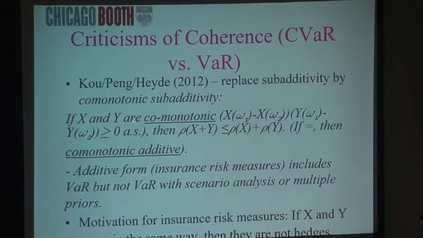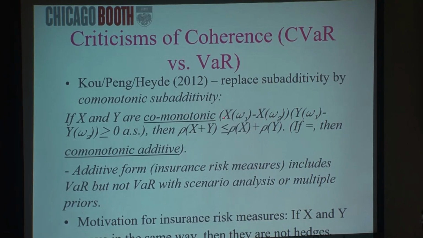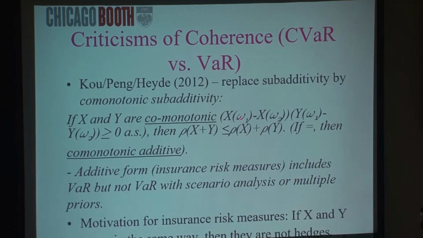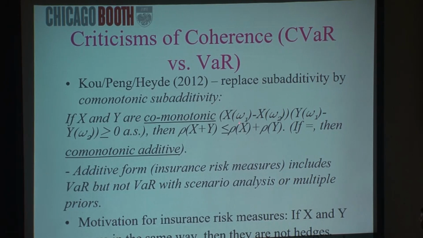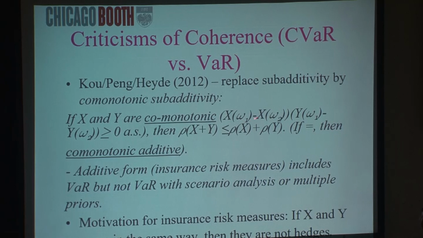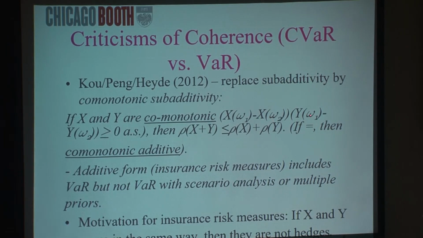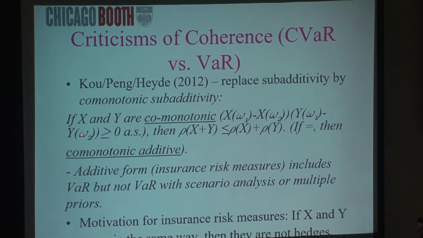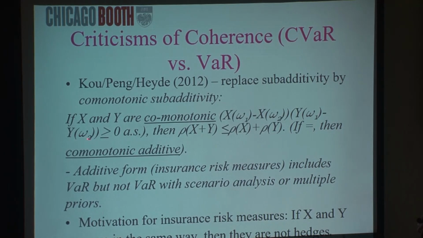It makes more sense if you restrict it to when x and y are comonotonic, which says that they move in the same direction: x of any event omega 1 minus x of any event omega 2, times y of omega 1 minus y of omega 2, is always greater than or equal to 0.